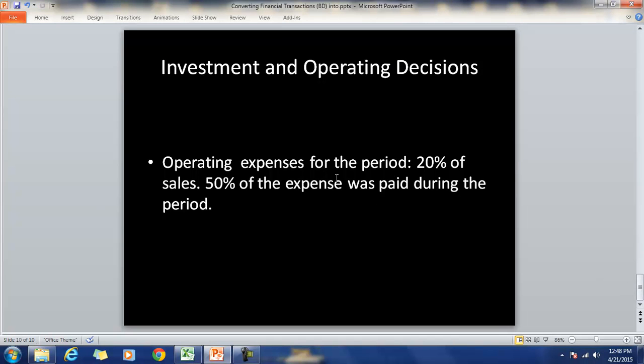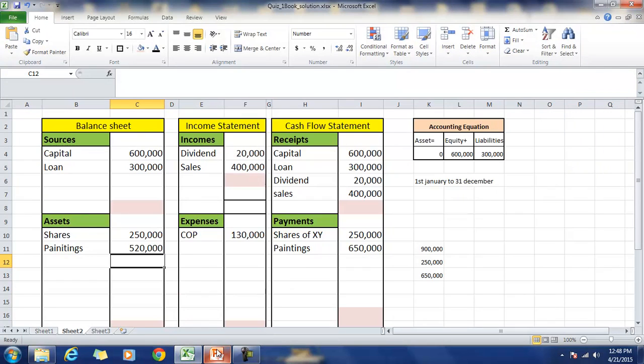Operating expenses during this period: they paid 20% of the sales as expenses. So we'll treat 20% of the sales, 0.20, as an expense. Did they pay that money?